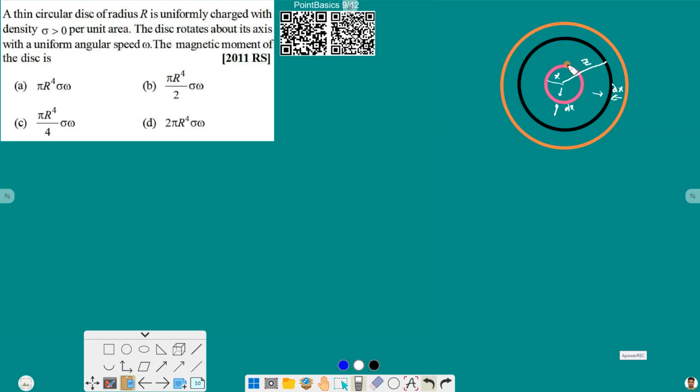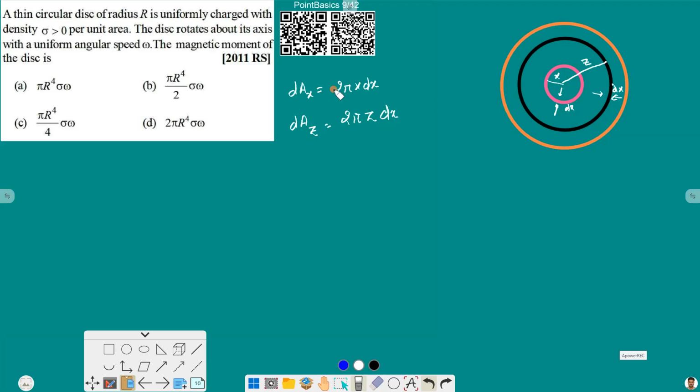So the area of the element at distance x will be 2 pi x dx, and the area of the element at distance z will be 2 pi z dx. We assume the thickness of both of these elements is the same.